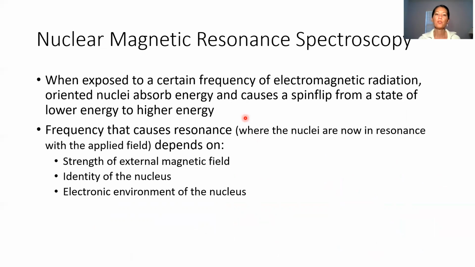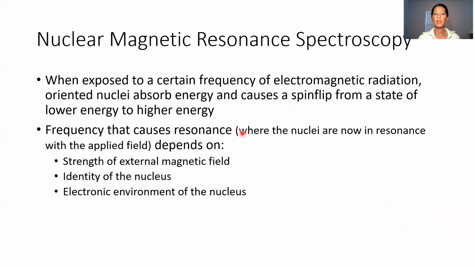When exposed to a certain frequency of the electromagnetic radiation spectrum, which happens to be the radio wave region, nuclei can absorb energy to cause a spin flip to go from that lower energy state to a higher one. And I'll show this better on the next slide.